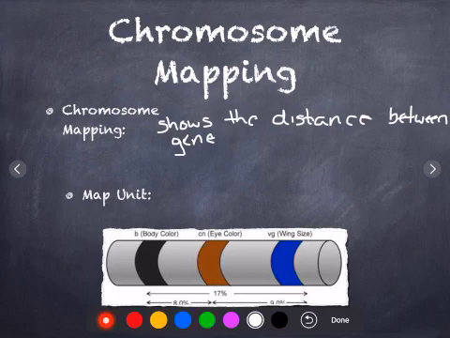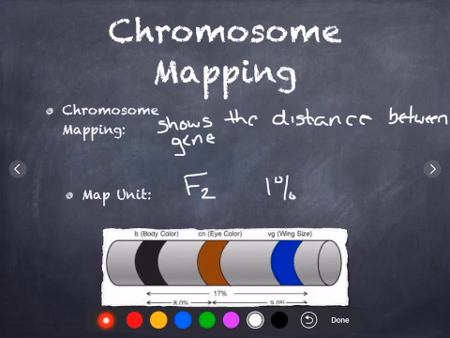Now, how we measure these are these things called the map unit. And the map unit is when we have that F2 generation, we look at the recombinant data of these two genes. So in other words, how often are they associated together? 1% of them being recombinant or linked together in the generation equals 1 map unit.